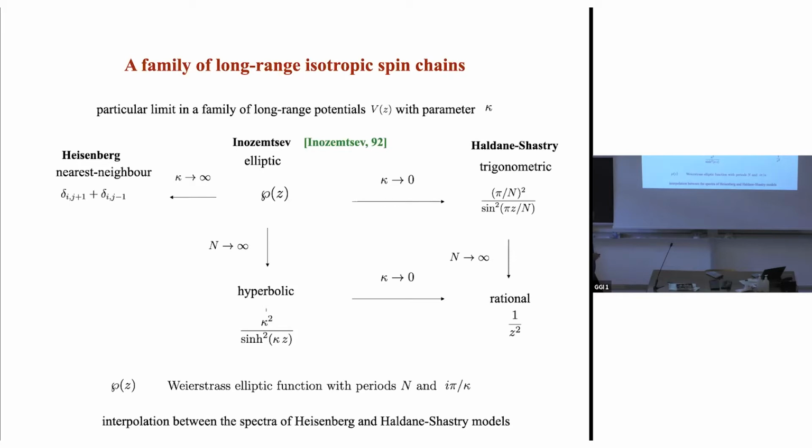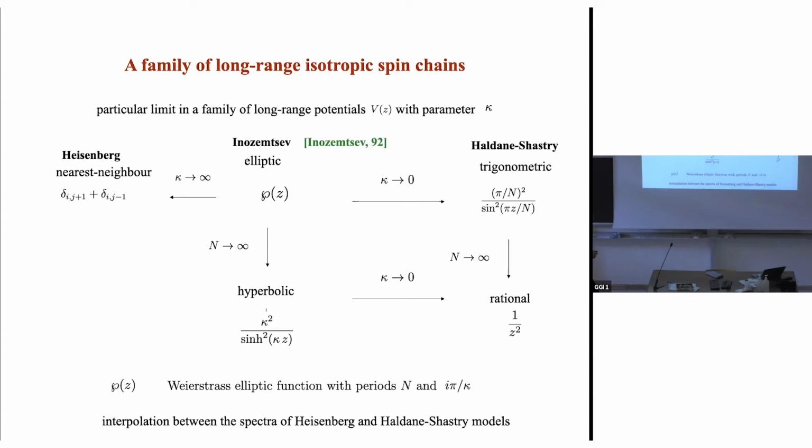It has two periods: z goes to z plus n here, and another period is complex, and this period can be used as a deformation parameter, and it interpolates. So when kappa goes to 0, we get the very symmetric Haldane-Shastry model. When kappa goes to infinity, one gets the Heisenberg model. In the middle, well, you have some complicated model which is not yet completely understood.